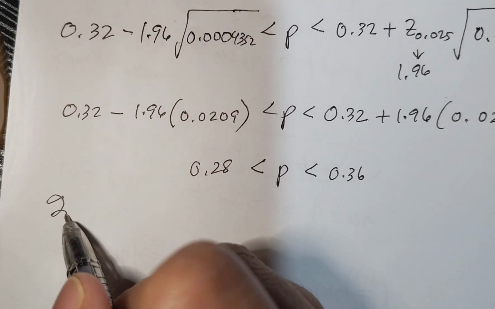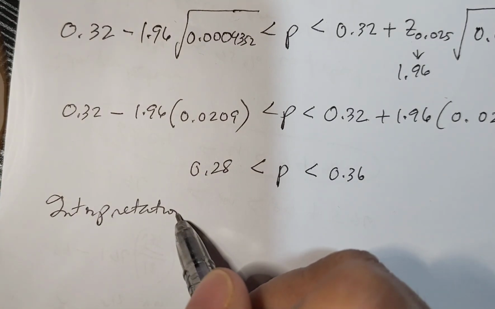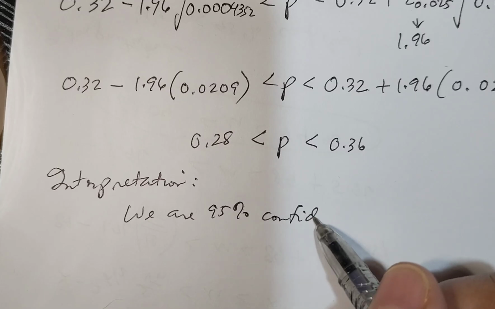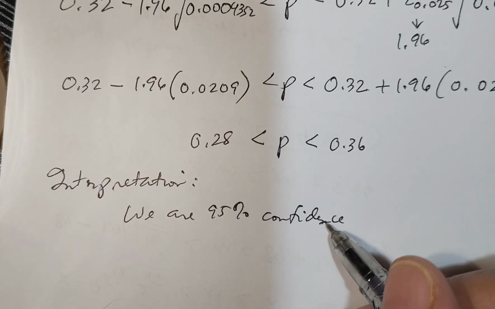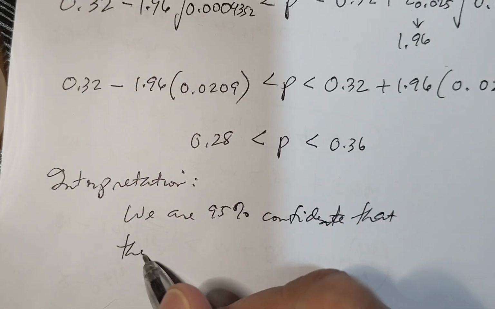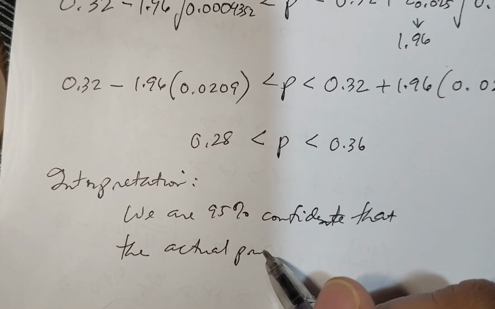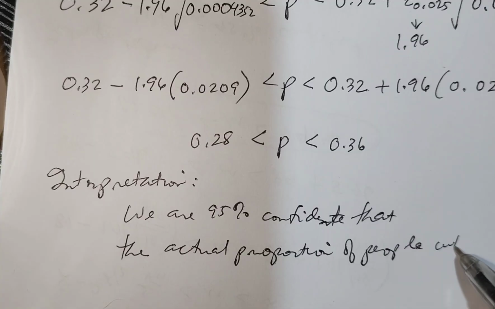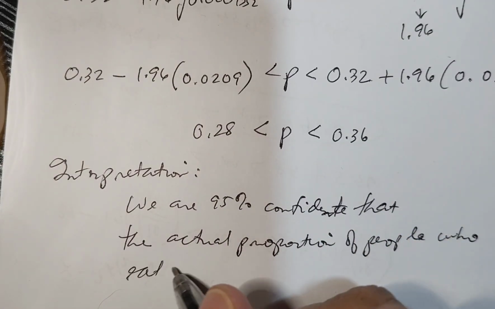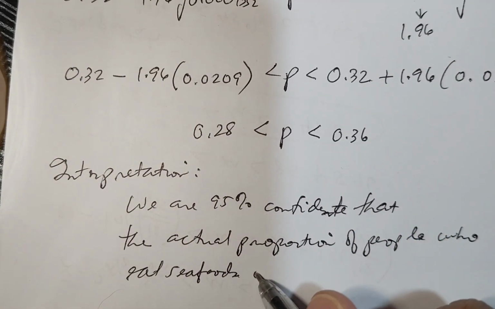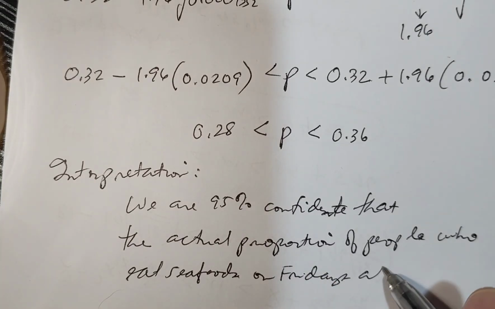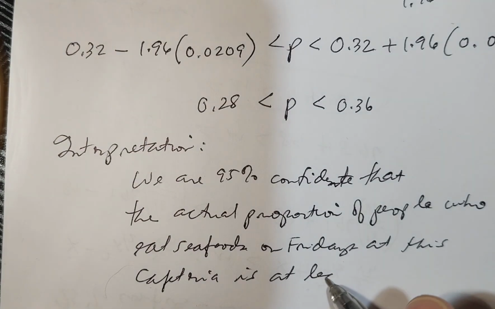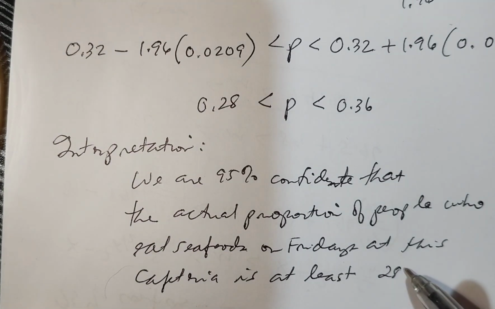So let us interpret this one. We are 95% confident that the actual proportion of people who eat seafoods on Fridays at this cafeteria is at least 28%.